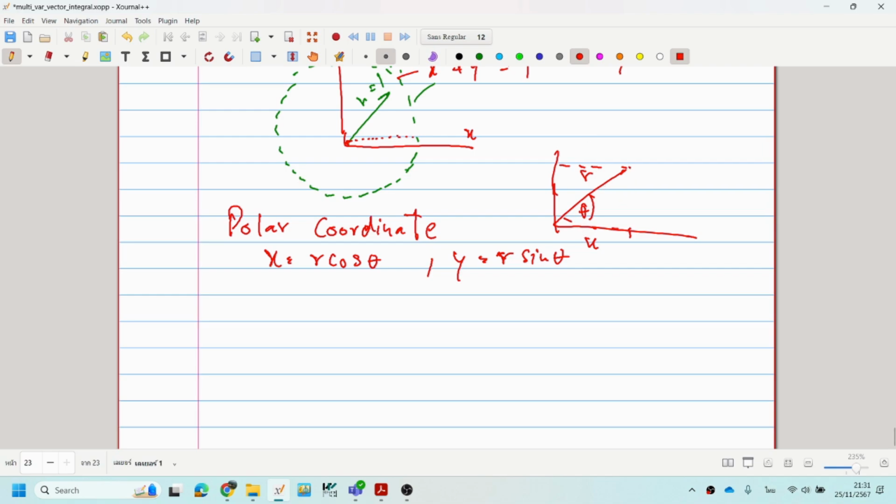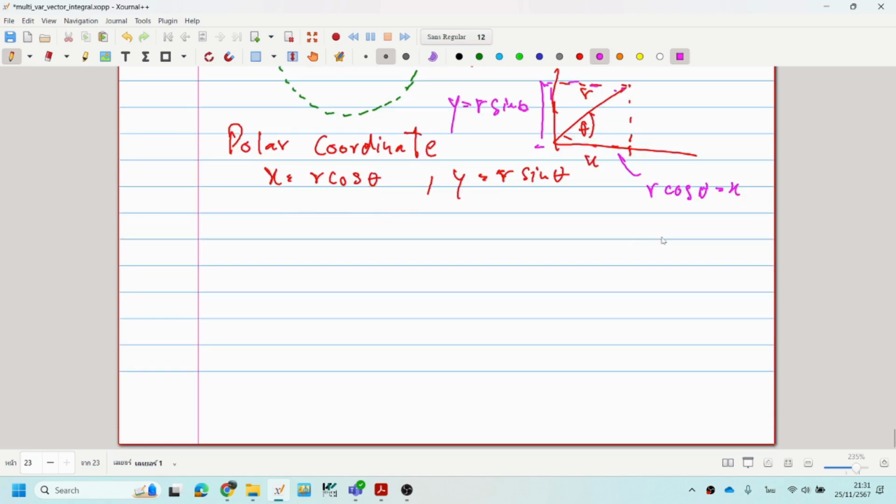If you project onto x, you get r cosine theta equal to x. If you project onto the vertical axis, you get r sine theta equal to y here.